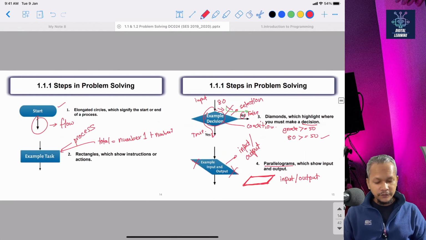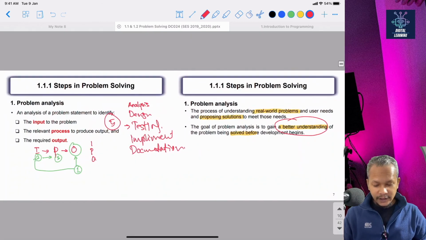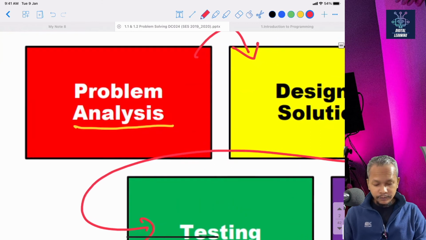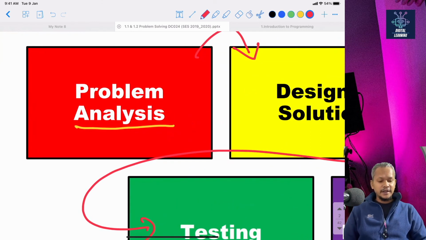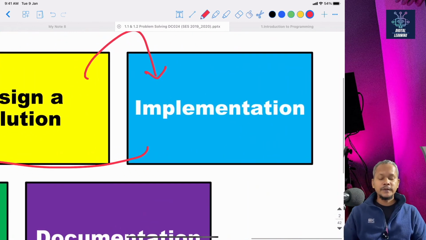Hopefully in this video, you can understand the two process steps to solve a problem. First is problem analysis, and then design a solution. For the next video, you will learn about the implementation.